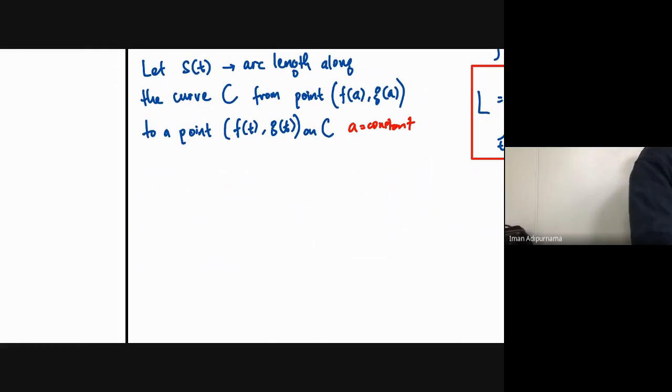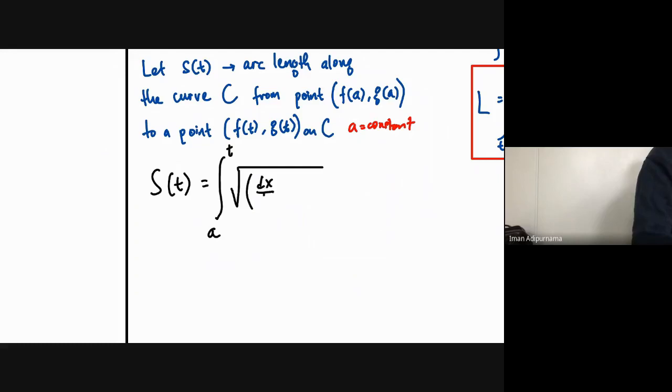On C, we can write s(t). It's the same arc length, but now we integrate from a constant to a variable t. So we can write this as an integral from a to t.